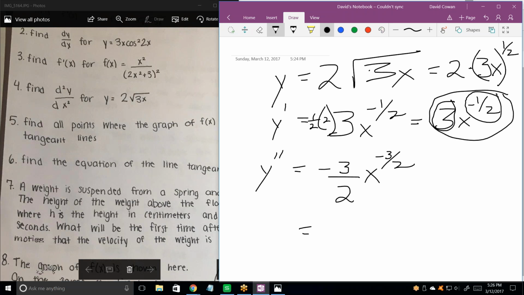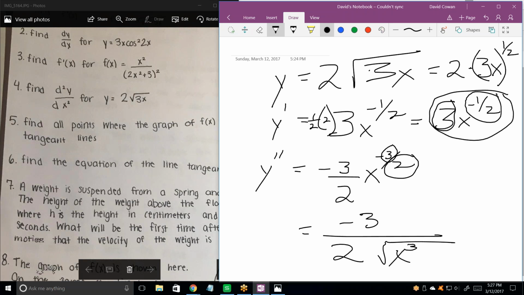So negative 3 over 2 times the third root of x squared. Of x cubed. Like that. And you see why? In other words, this is the root, so that means square root, but then you cube the answer. And the only thing the negative sign meant was put it in the denominator instead of where it's residing now in the numerator.